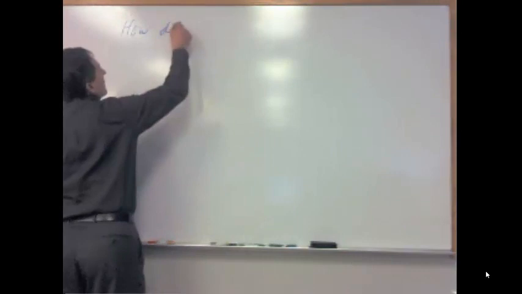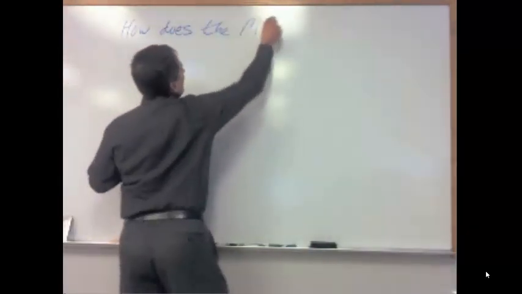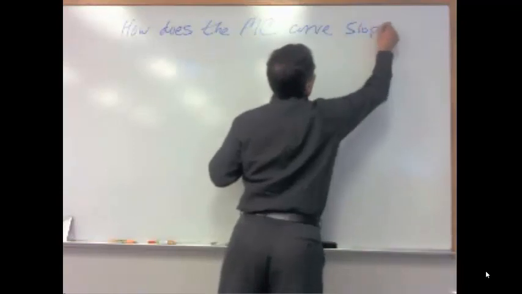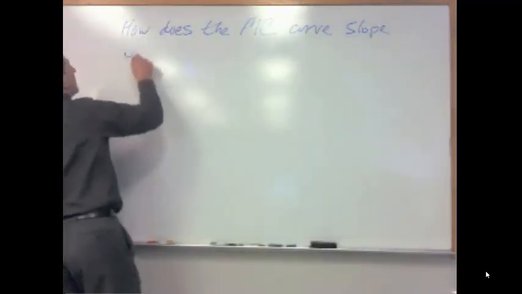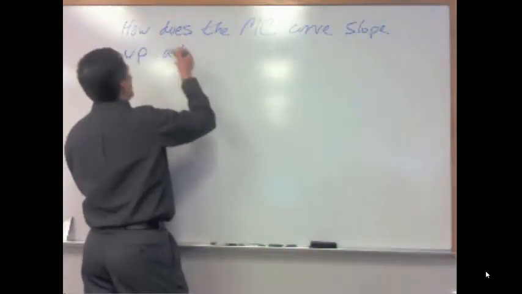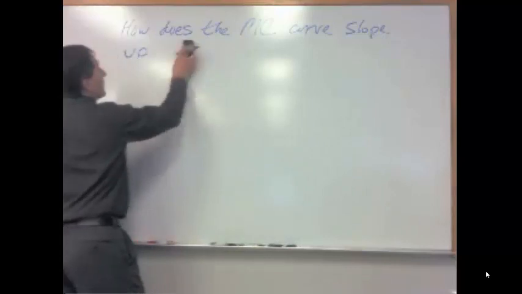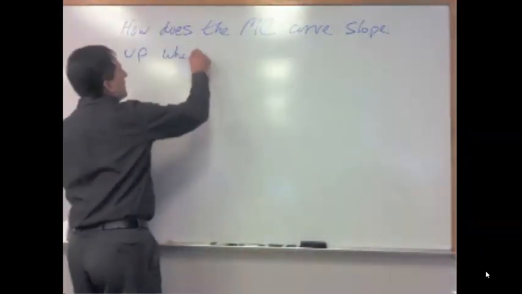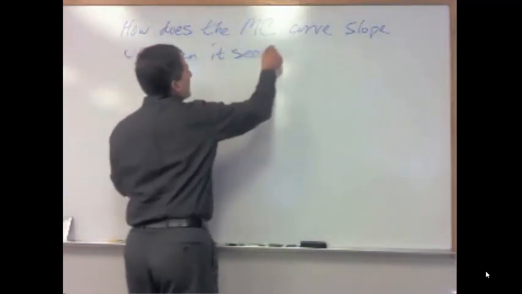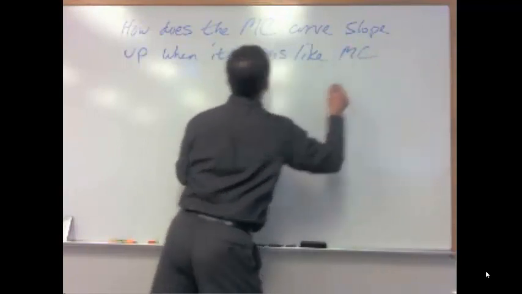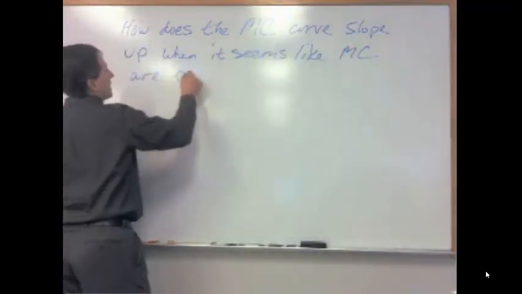How does the marginal cost curve slope up when it seems like marginal costs are constant?